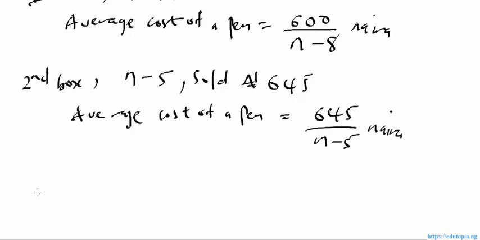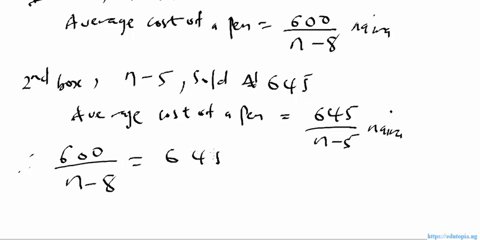So automatically we'll say 600 over N minus 8 is equal to 645 over N minus 5. So here we are with our problem.